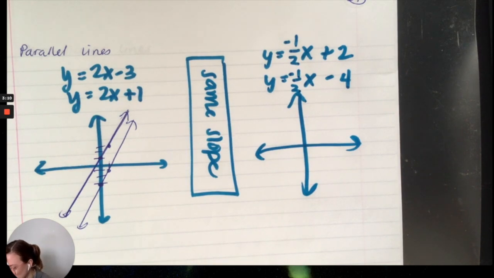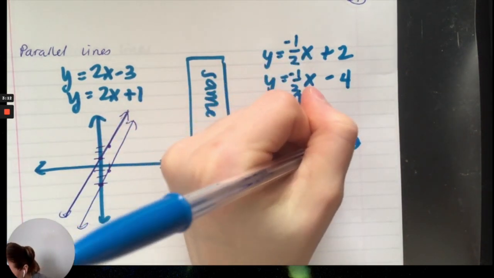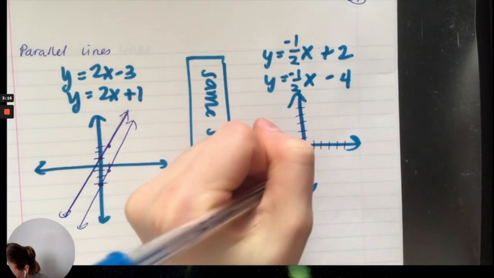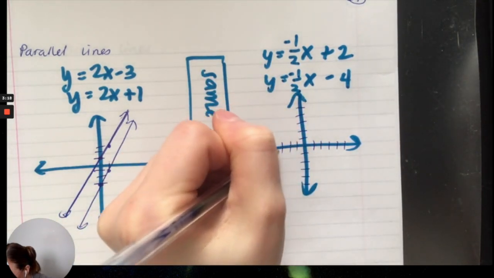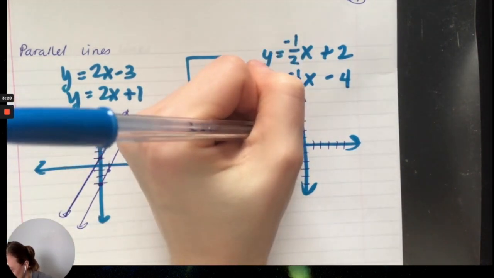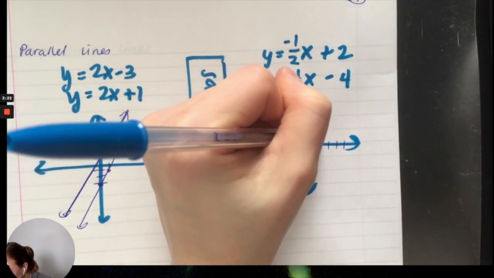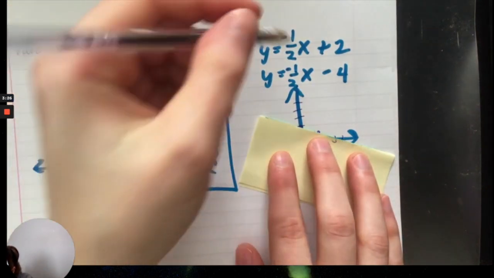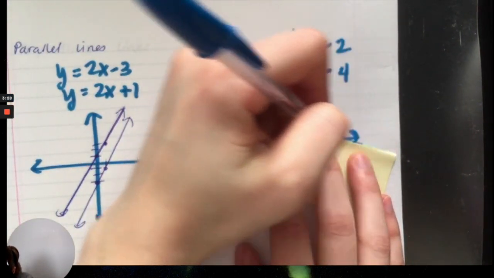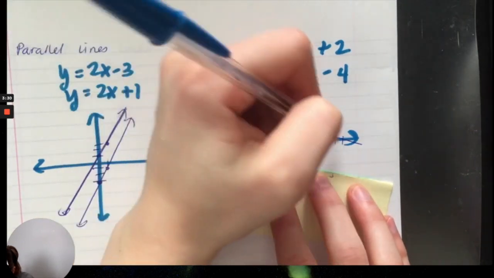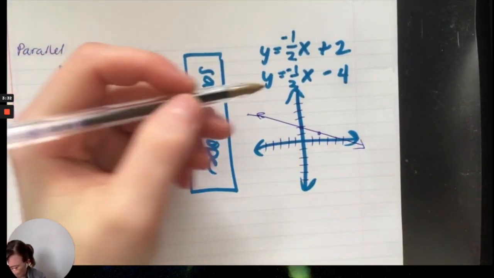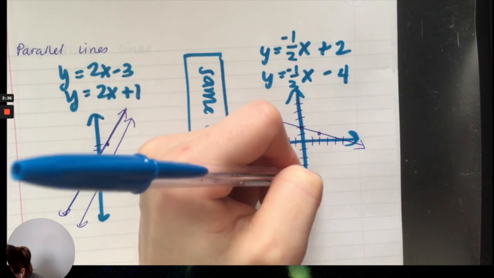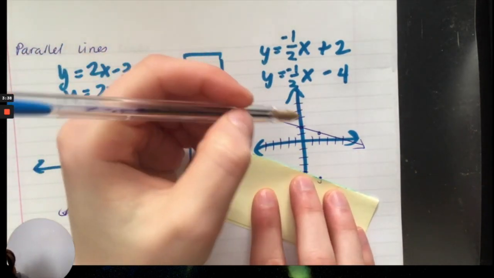And let's see if I can graph this better. Okay. I go up 2 and go down 1, 1, 2. Yep. And then go down 4, go down 1, 1, 2.